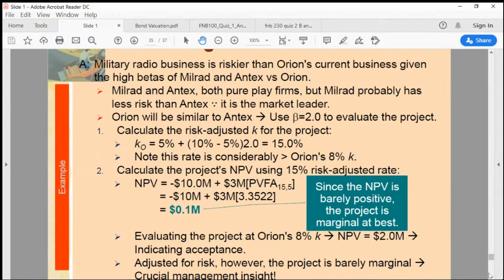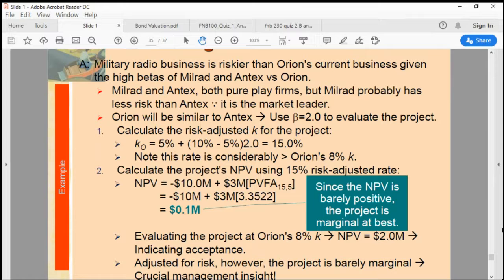But it is marginal. So our question is, is it worth it? It's just barely marginal. But if you want to expand into the military radio market, is it a risk worth taking?